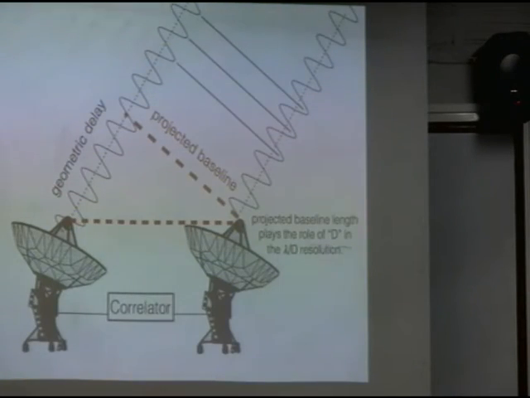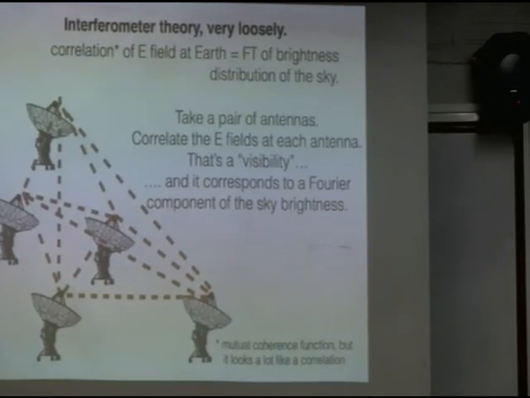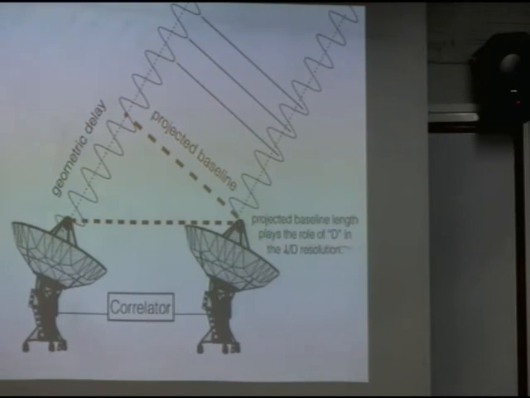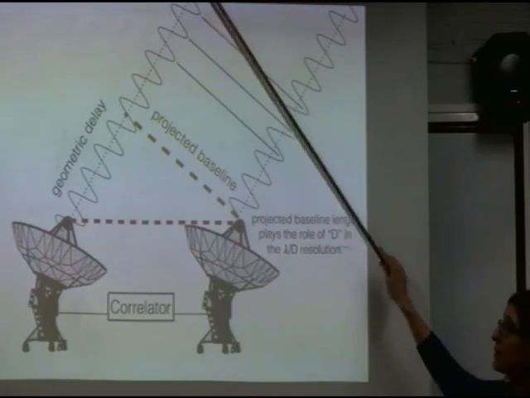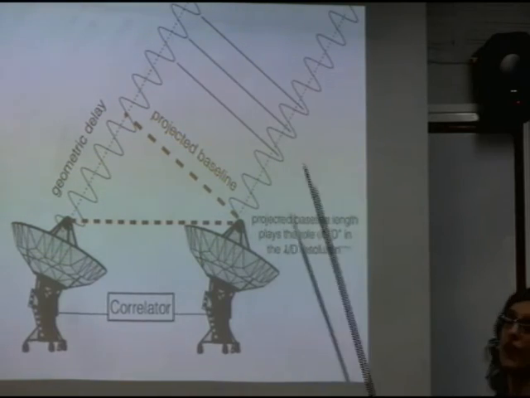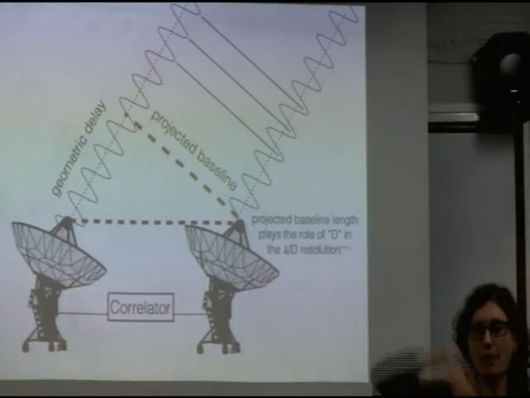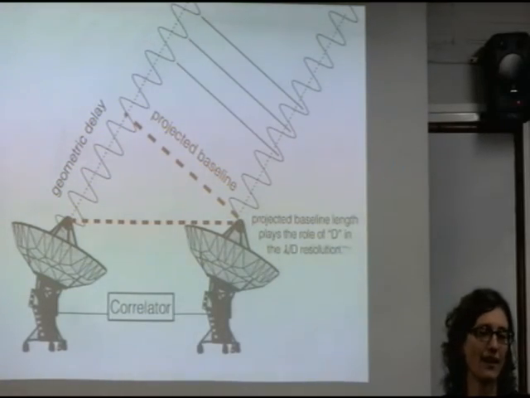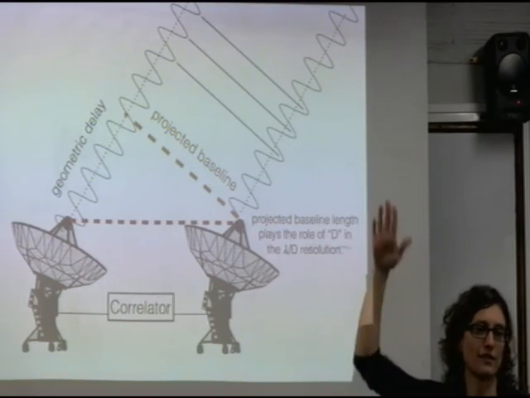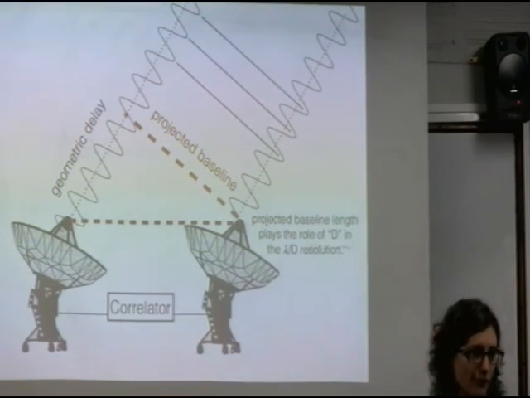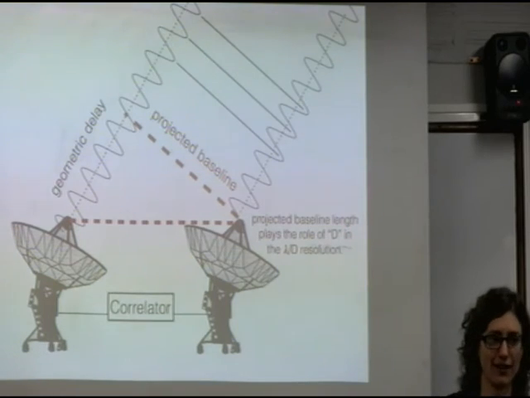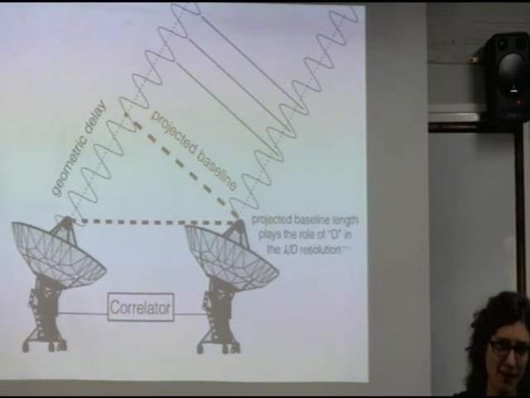Just to go back to the interferometer again. Of course, in between two antennas, we have the wave that comes to us. This is also very important, I forgot to mention. Because we assume that the sources are very far away, we can assume that the wave that comes to us is planar, and that your array is also in a plane.